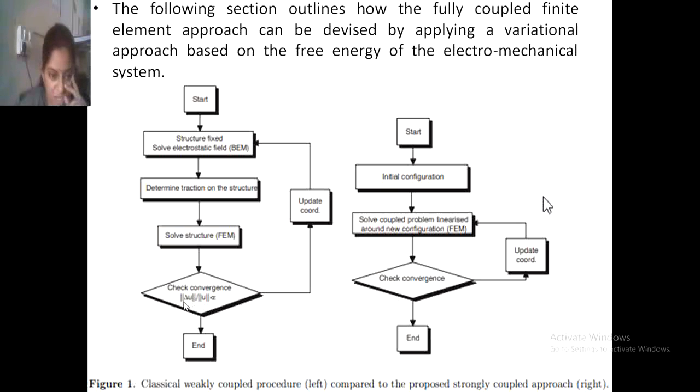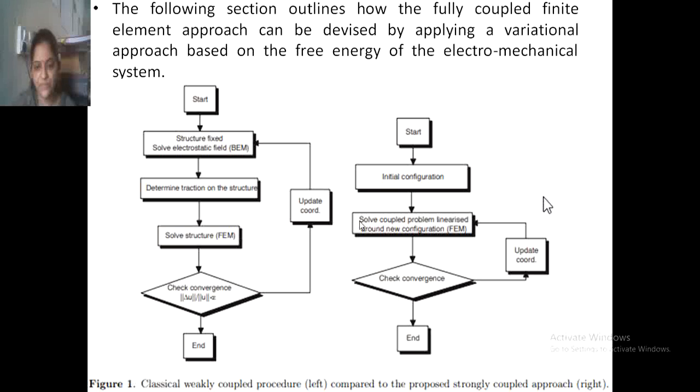If it is updated, then update the configuration, and once again with the updated information it will start the weakly coupled procedure. And on convergence, if it matches, then the procedure ends.